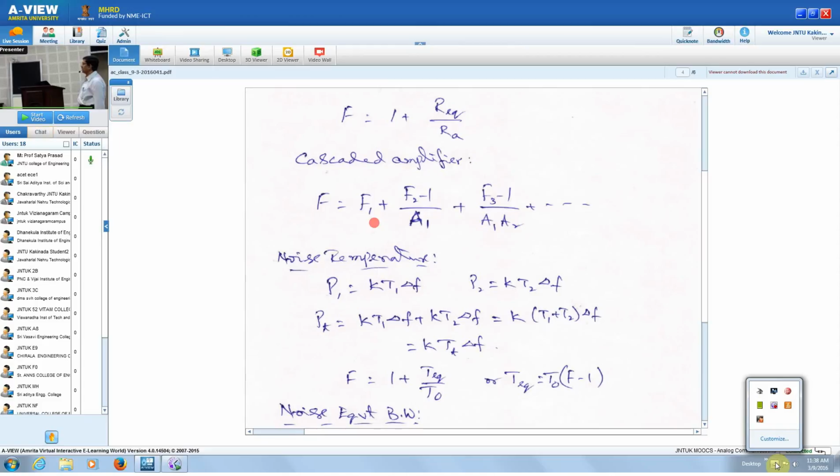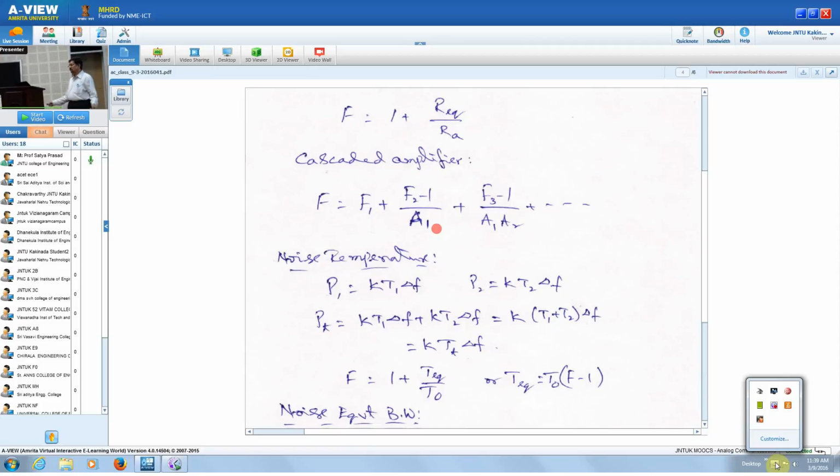The F3 noise is negligible given A1 and A2. There is only F1 plus (F2 minus 1) by A1, which constitutes the majority of the noise performance figure. Okay? So this is about the noise figure.